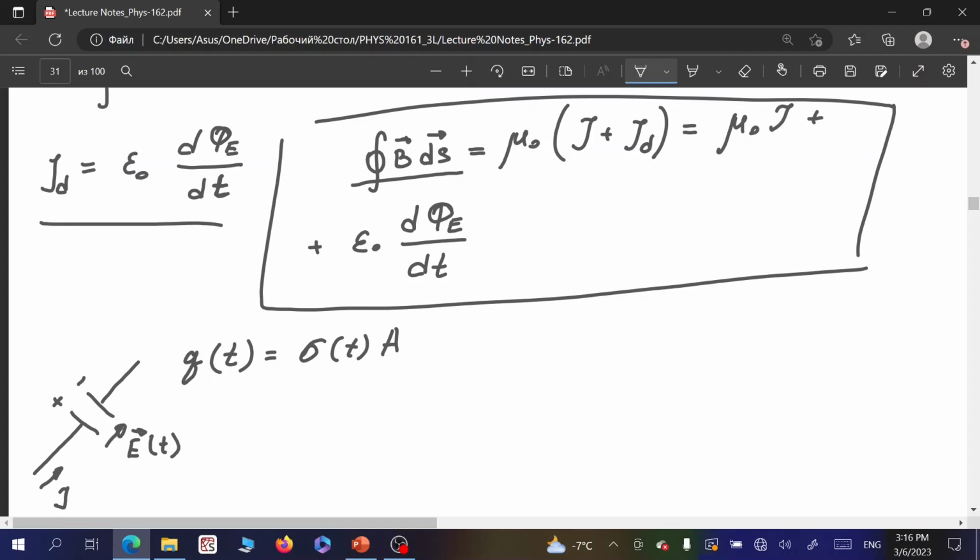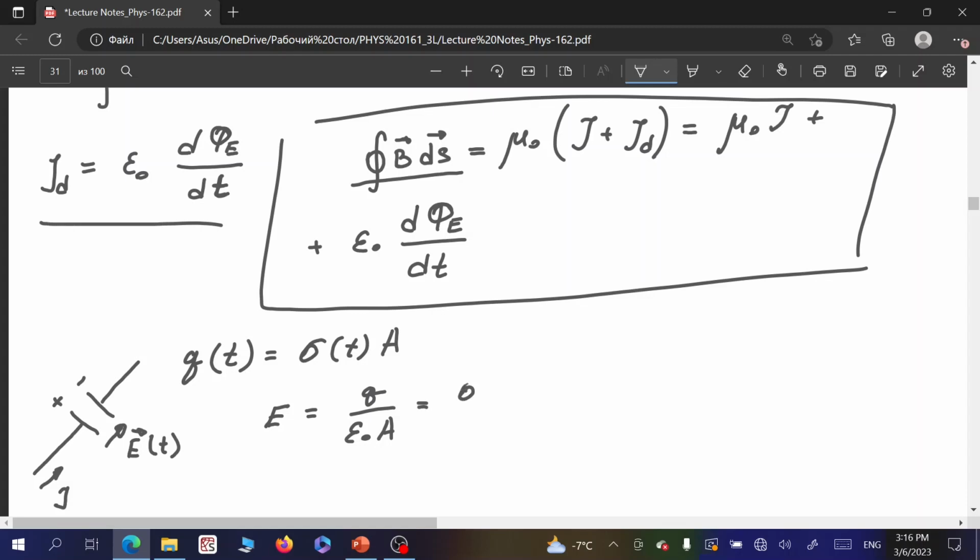So now if we consider specifically a parallel plate capacitor, the electric field will be represented as charge Q accumulated at the plates divided by epsilon naught divided by area. In other form it will be sigma divided by epsilon naught.